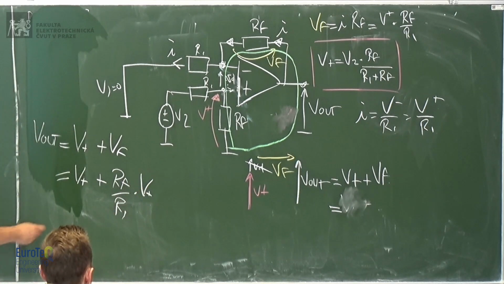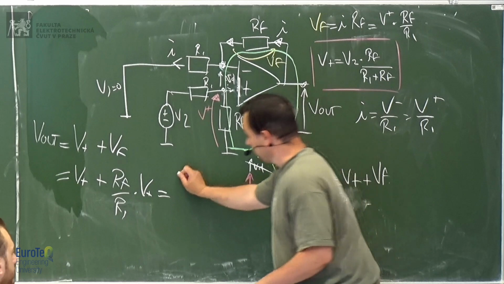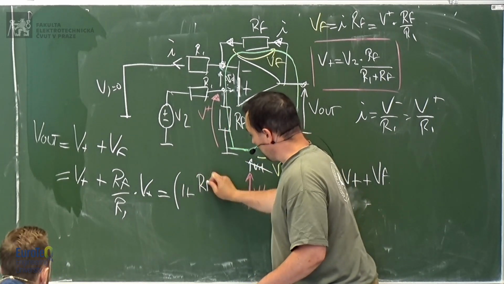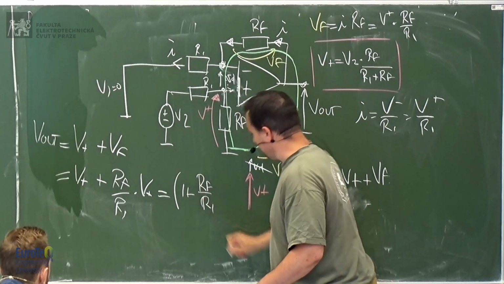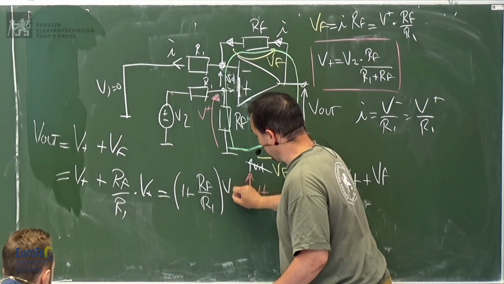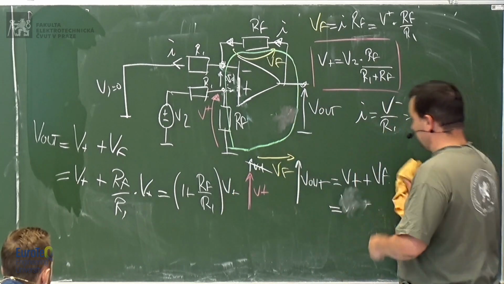Maybe I should continue here. So it's 1 plus RF divided by R1, multiplied by V plus. Okay? Fair enough? Yes.